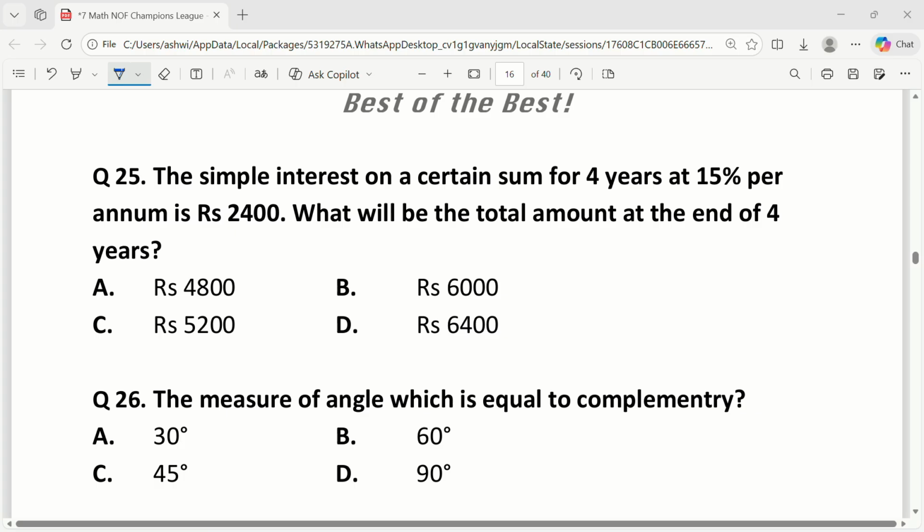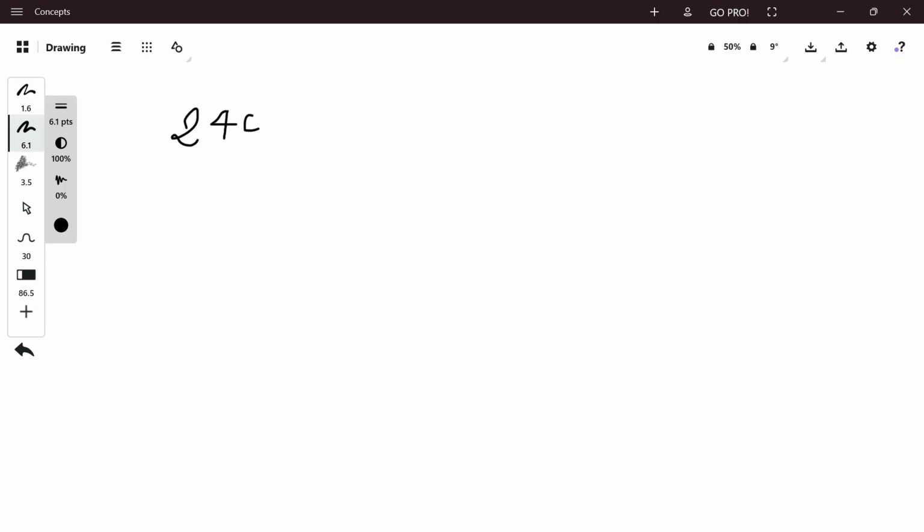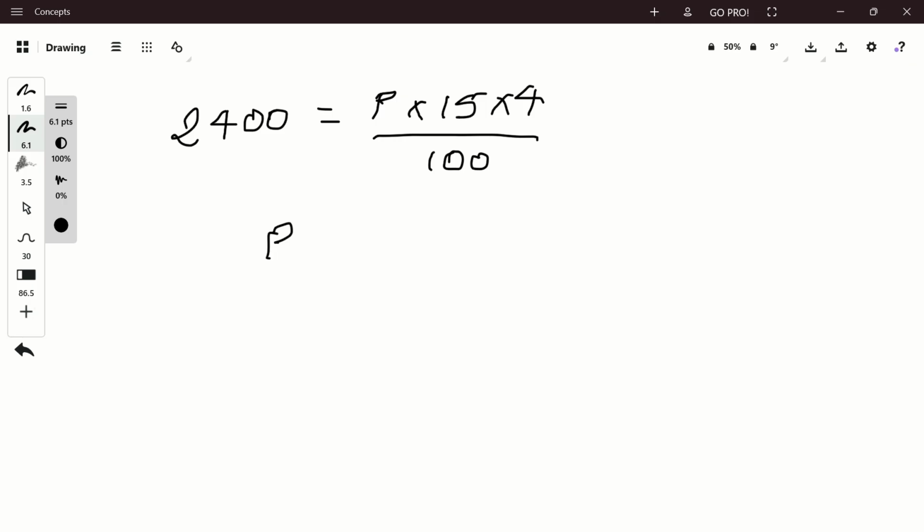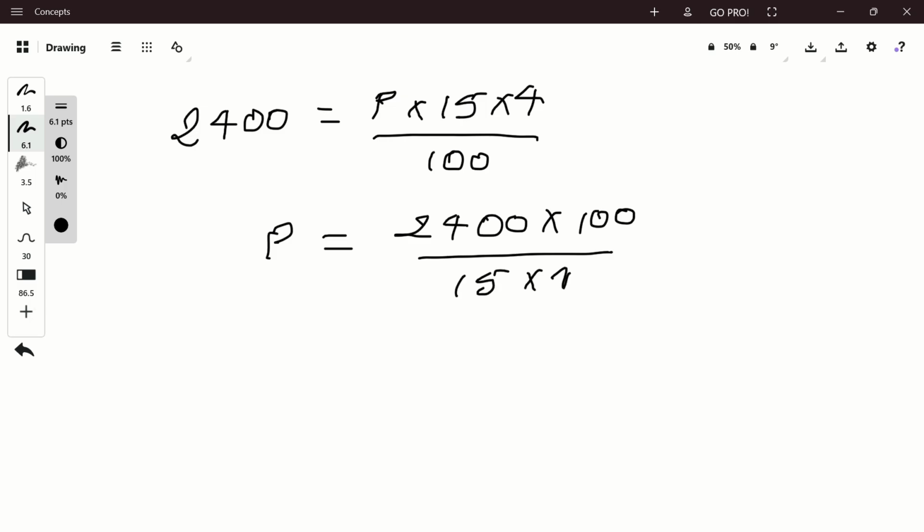Given SI, simple interest, as rupees 2,400, R as 15%, and T as 4 years, we can find P. 2400 is equal to P into 15 into 4 upon 100. Solving for P, we have P equal to 2400 into 100 upon 15 into 4, which gives us P equal to 4,000.